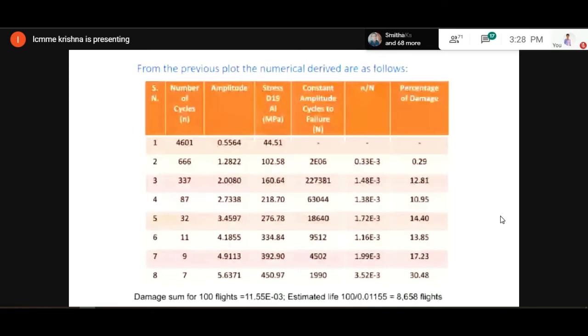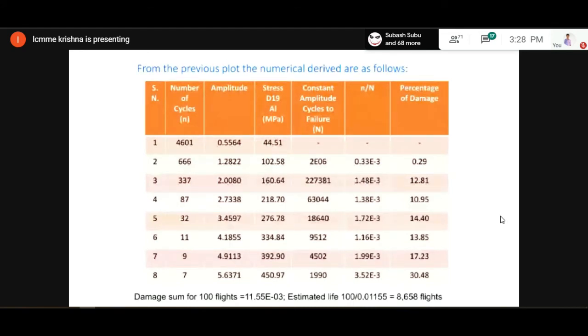And for a given D19 aluminum alloy, we know the stress amplitude in MPa, and we know the constant amplitude cycle, the number of cycles to failure. From that we can compute small n by capital N, which will be the damage fraction. So the percentage of damage also we can compute.